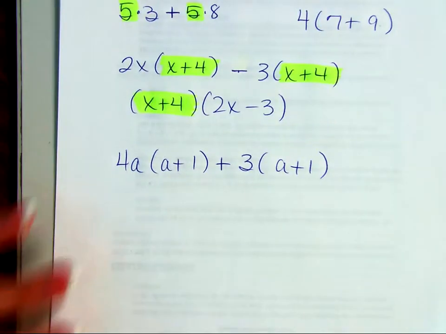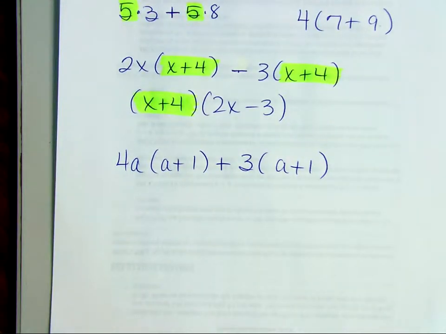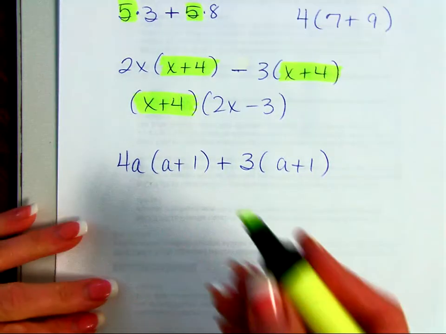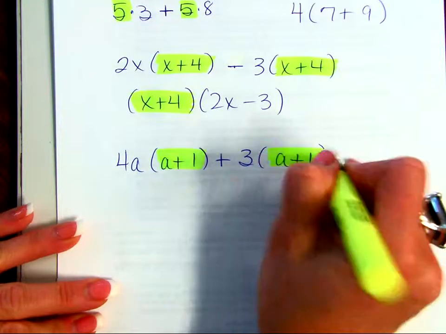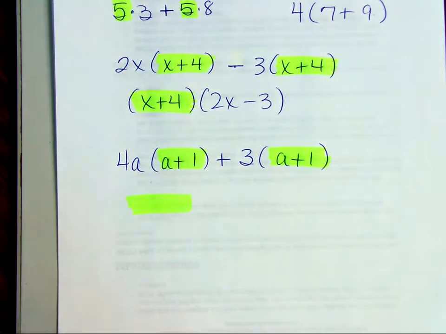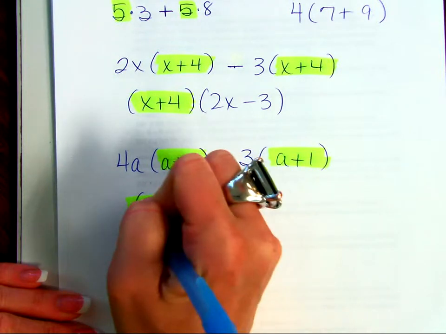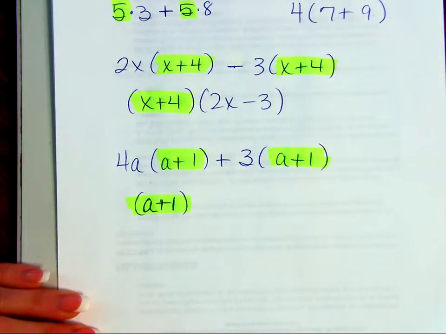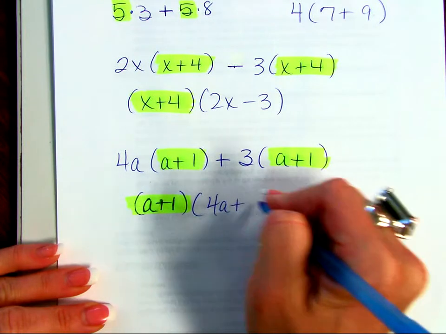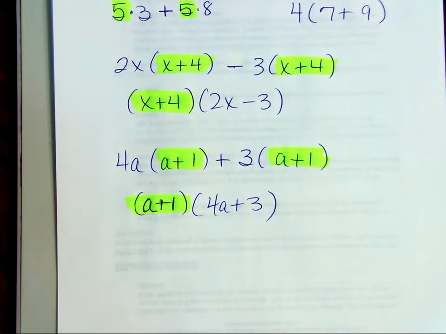4a times a plus 1 plus 3 times a plus 1. Okay? Real simple to start out with. What does it look like it has in common? So this is the answer I got, which means I must have multiplied an a plus 1 times what?